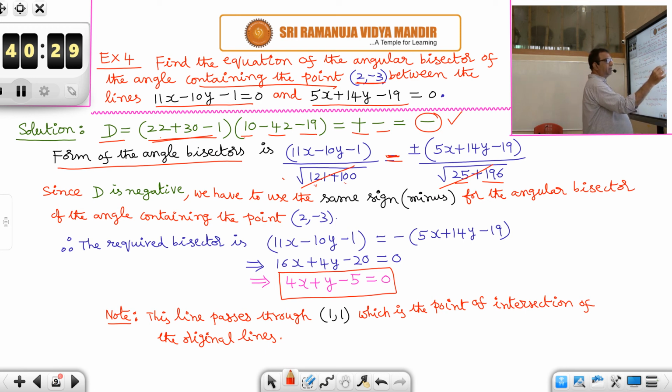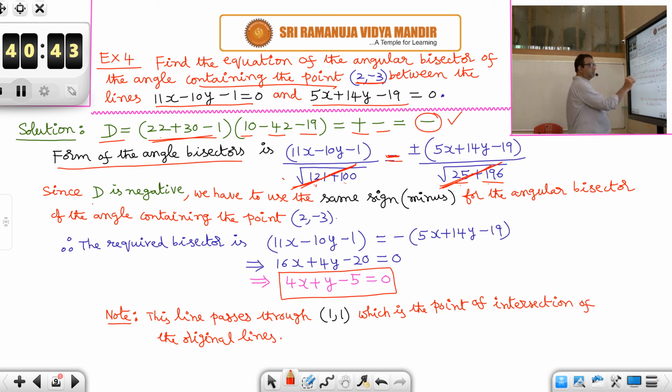Here 121 plus 100 is 221, root 221, and this side 196 plus 25 is also 221, root 221. Both sides, root of 221 can be cancelled out.